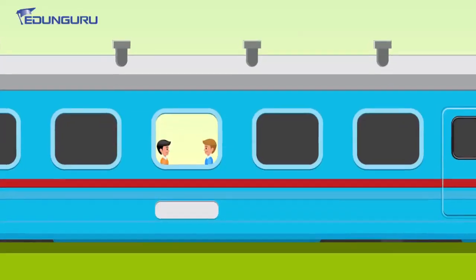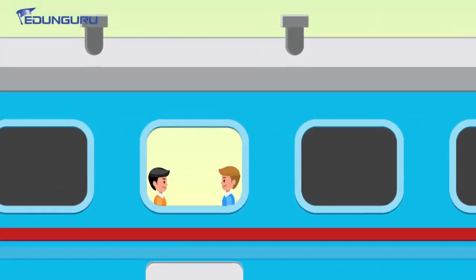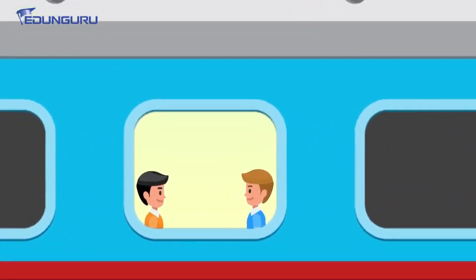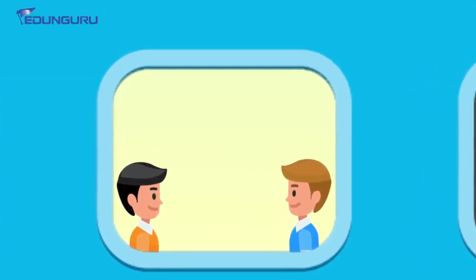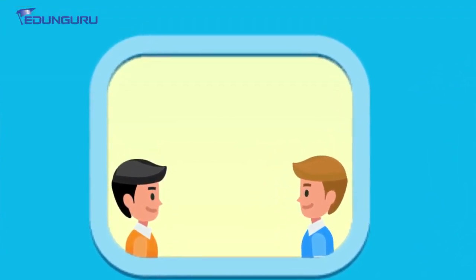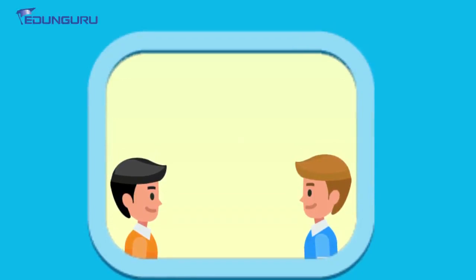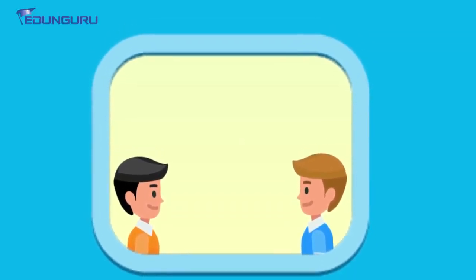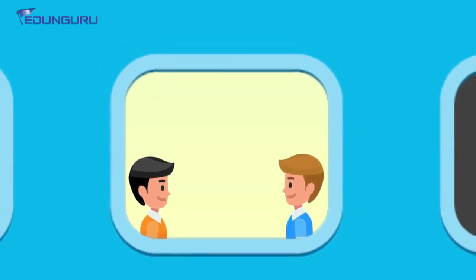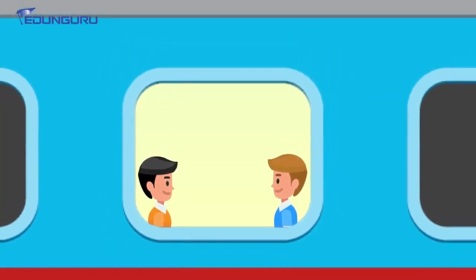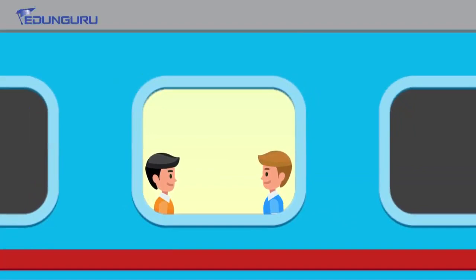Let me give you an example first, then we will find this out. Let us suppose you and your cousin brother are going to a place by train, and you are sitting in front of each other. The train is moving, you are inside your compartment, and you can see one another.